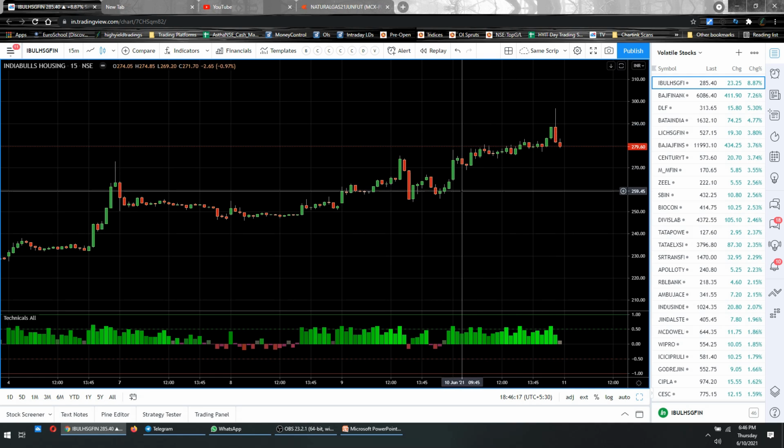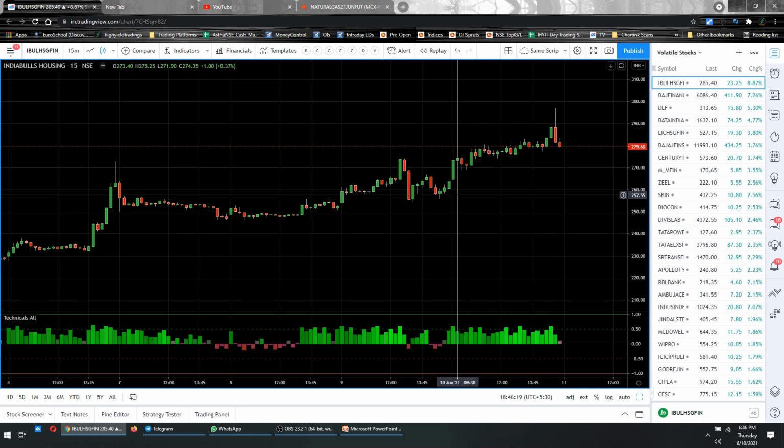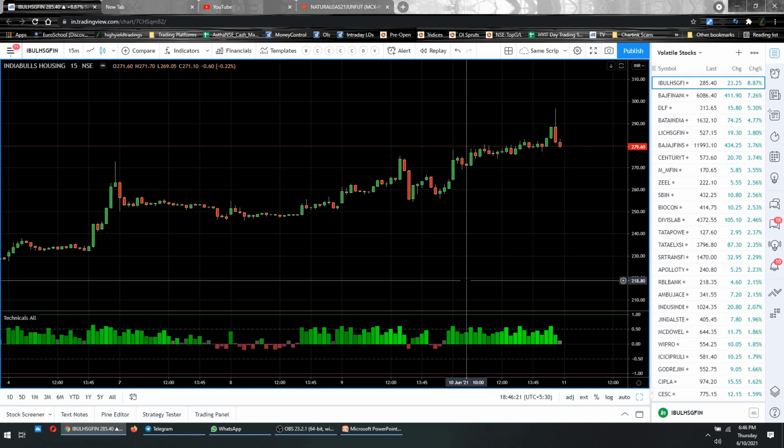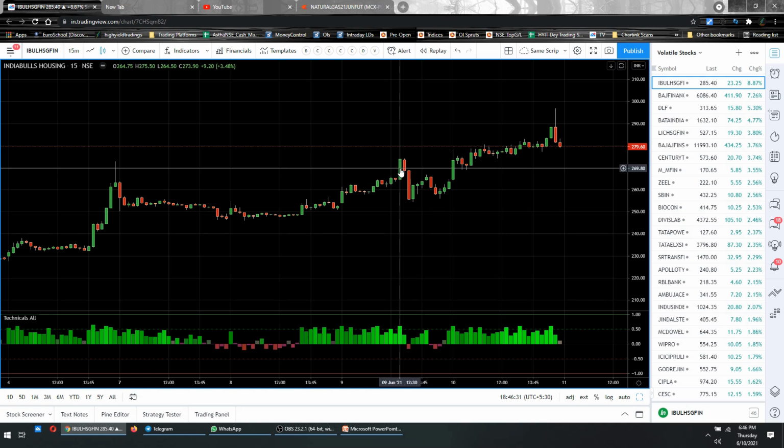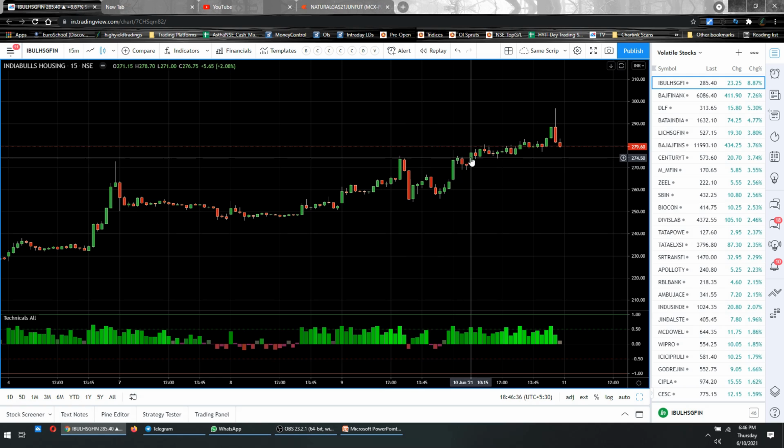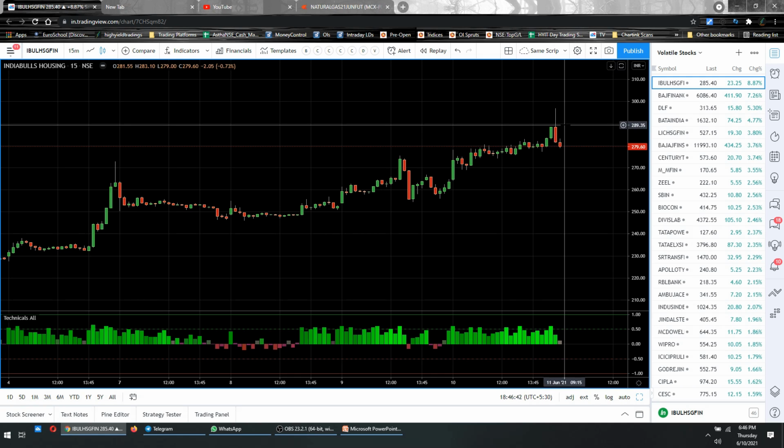Based on what did you decide that? The first thing is the histogram closing above the 0.5 mark. Second is the closure of the 10:15 candle above yesterday's high. That gives you the surety that the resistance has been broken and it has all the swag to go up further. That is how you initiate a trade.